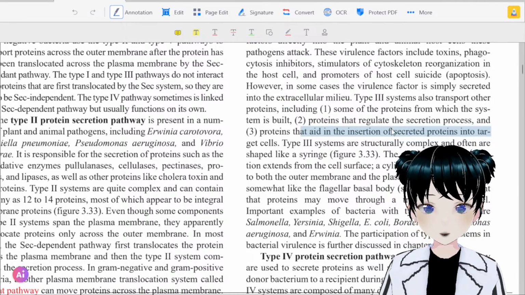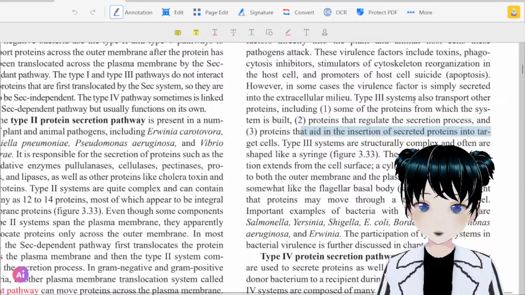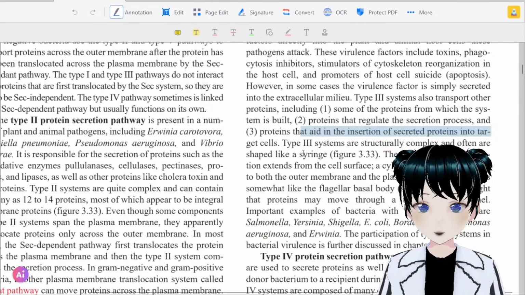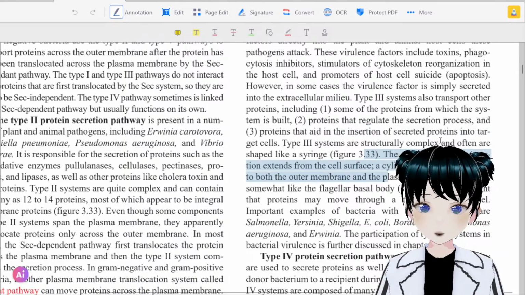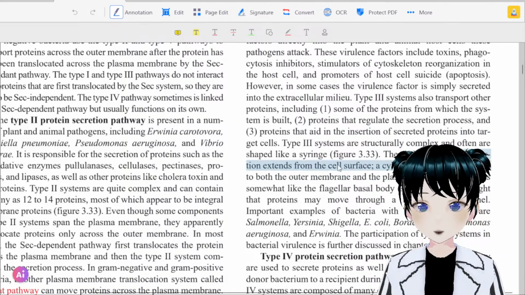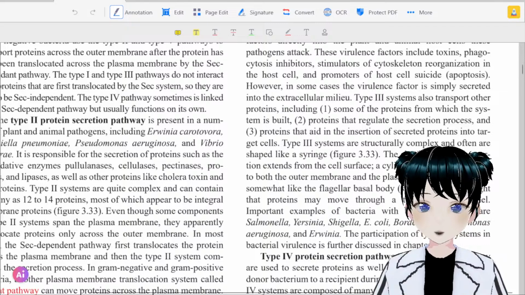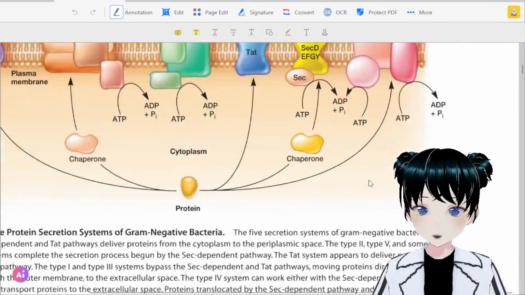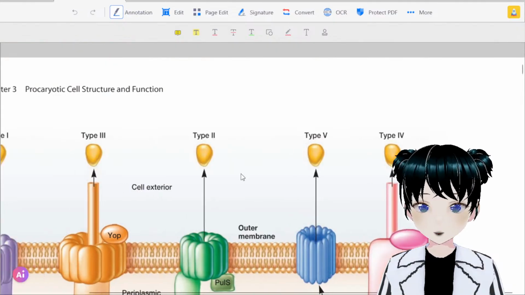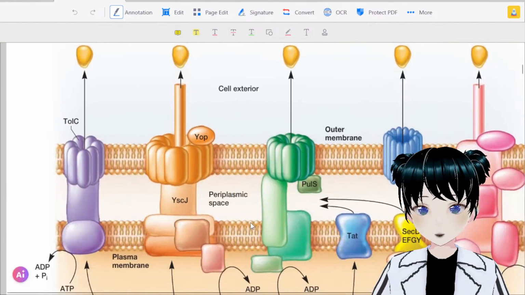So these are the three types of protein that the type 3 system helps transport. The structure of type 3 channels is a slender, needle-like structure that extends from the cell surface. A cylindrical base is connected to the outer membrane. Here it is shown, this is the base.